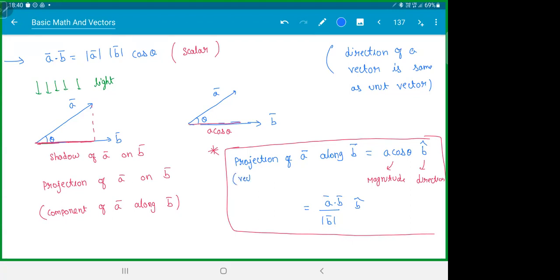This you can also call the vector component of A bar along B bar, same thing. We'll see how to find that A bar dot B bar.